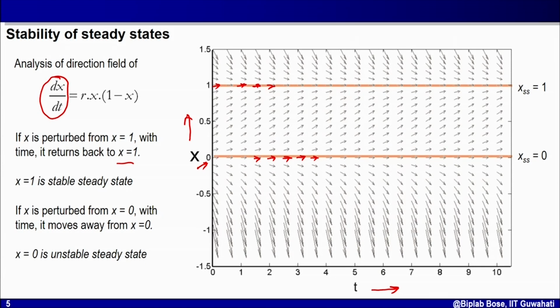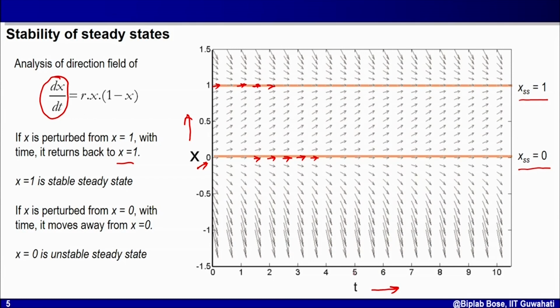That's why I have drawn two straight lines to represent that we have steady state at x equal to 1 and x equal to 0, and the direction arrows which represent dx/dt are all zero. Now let us try to understand the concept of stability.